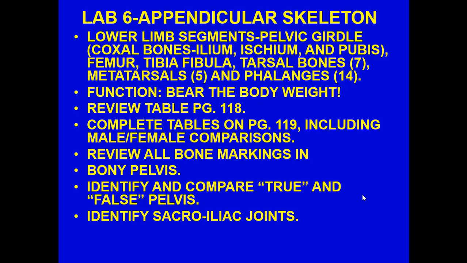You want to review the table on page 118. Complete tables on 119, including the female-male comparison. This is absolutely essential. I want you to be able to understand the differences and how that plays a role in walking and how the hips are set in such a way comparing male and female.